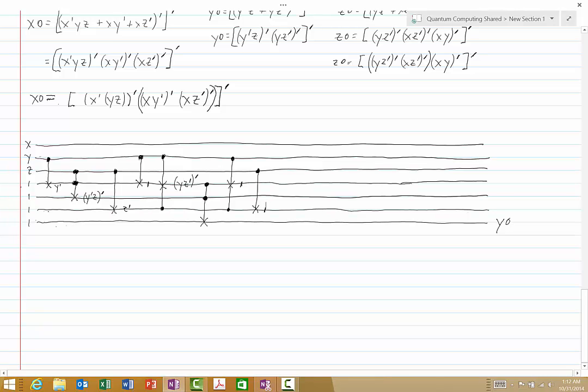So now we have a 1 on the first scratch line and a 1 on the third scratch line. And what about this second scratch line here? Let's think about that for a moment.